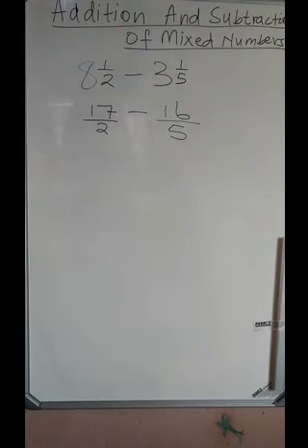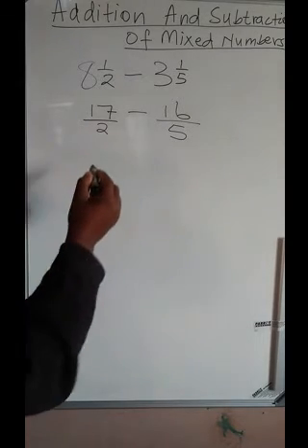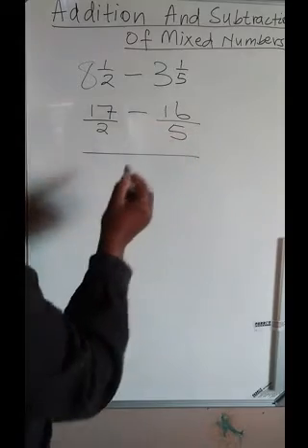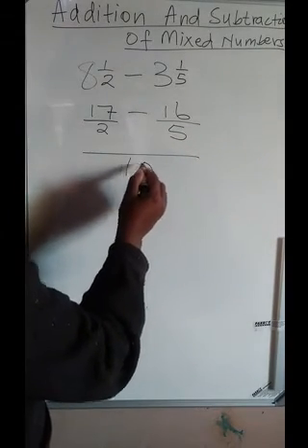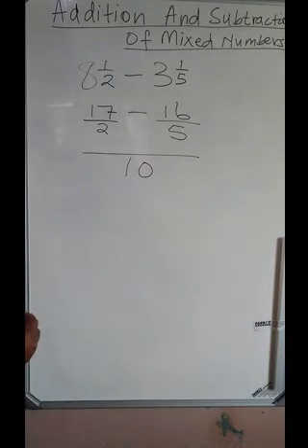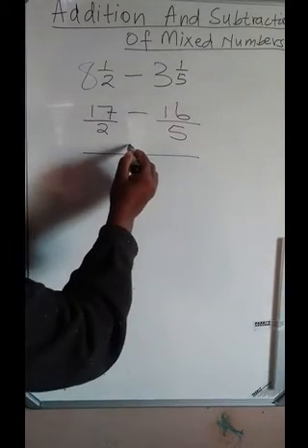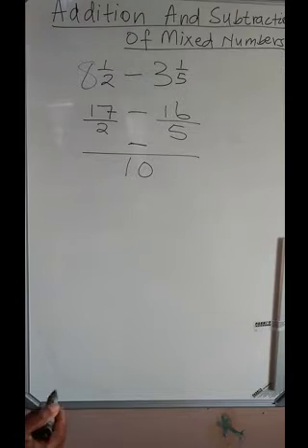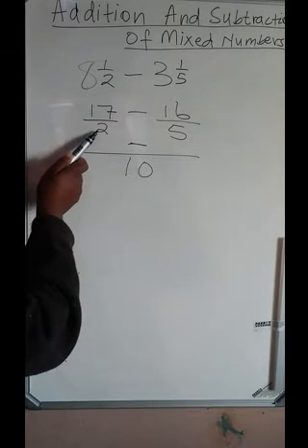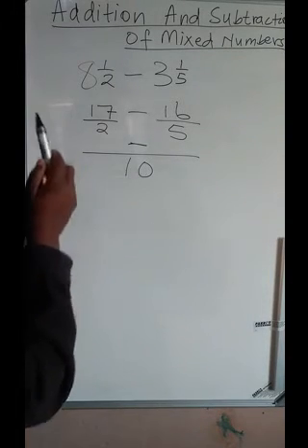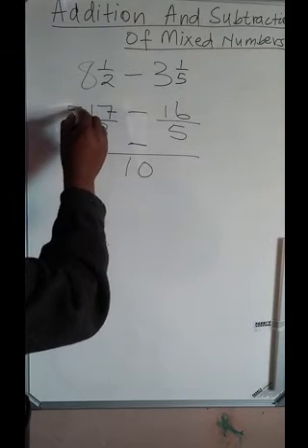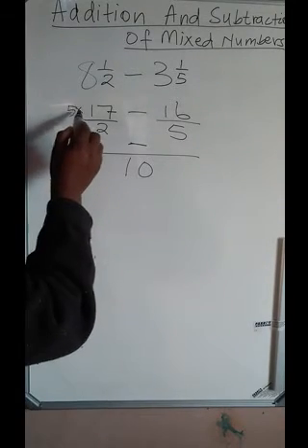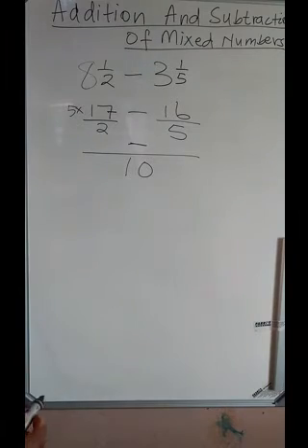Now the next step is to find the lowest common multiple, or the LCM of 2 and 5. So the LCM of 2 and 5 is 10. Then we take the sign, you put it here, the subtraction sign. And then you say, how many times does 2 go into 10? It goes 5 times. So you write the 5 times next to the numerator.